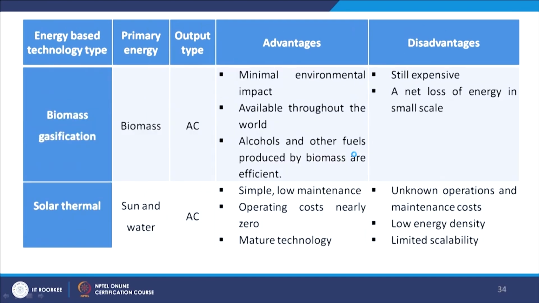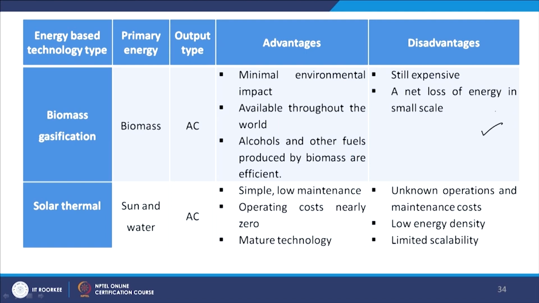Now, biomass gasification: the primary energy source is biomass, the output type is AC. The advantages are minimal environmental impact, availability throughout the world, and alcohols and other fuels produced from biomass are efficient. The disadvantage is that it is expensive and there is net loss of energy on a small scale.